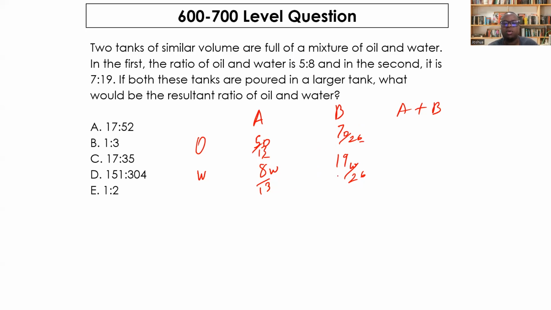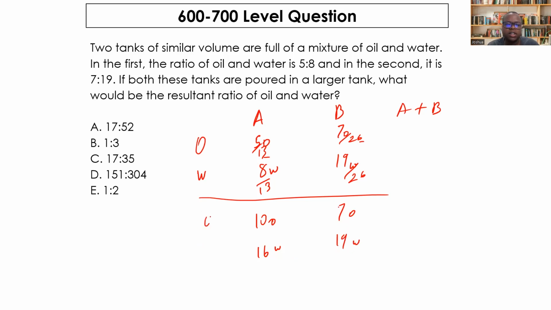So that way now we have equal parts. If you do that, you'll have 10 of the oil, and then 16 of the water. And for B, it will remain as 7, the oil, then 19, the water.